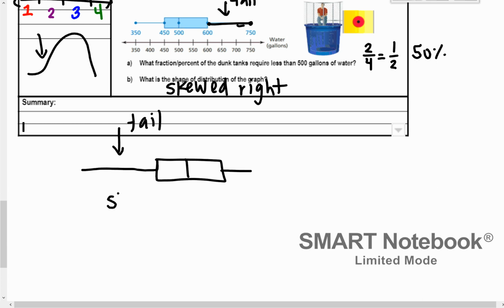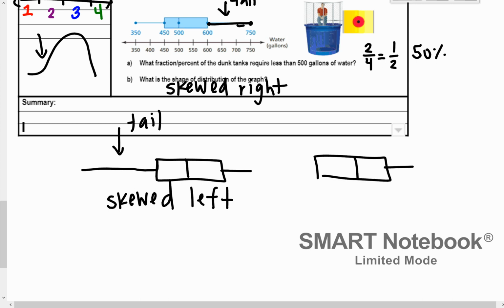So this would be skewed left, because that left tail or that left whisker is longer. A symmetric box and whisker plot would look something like this, where it's all about the same. And that is all.